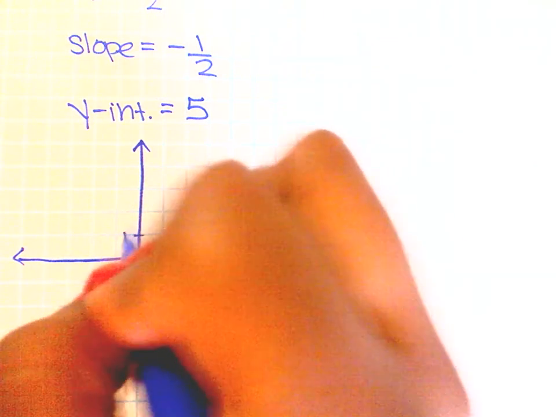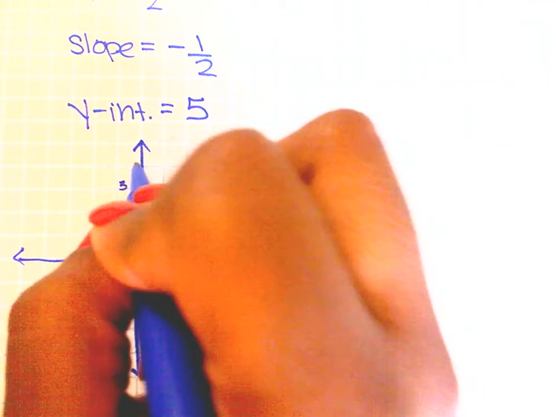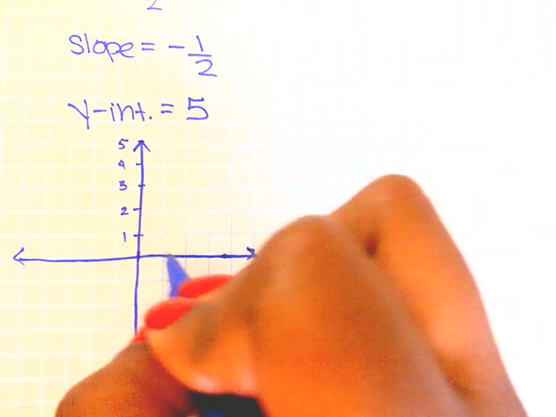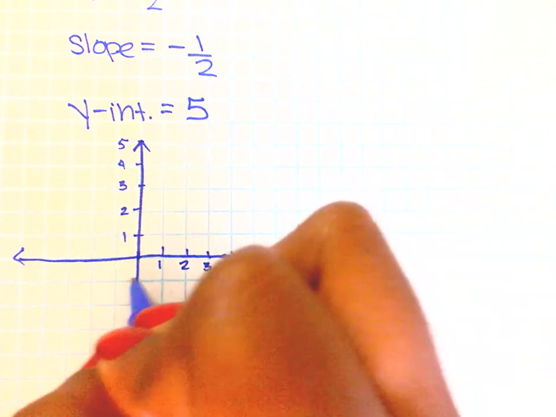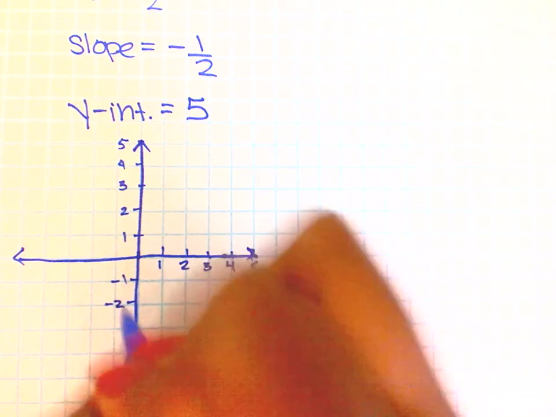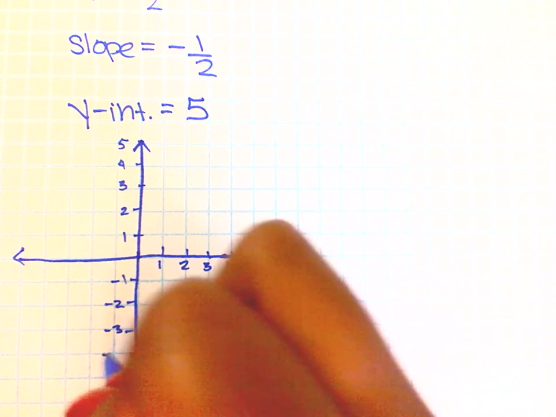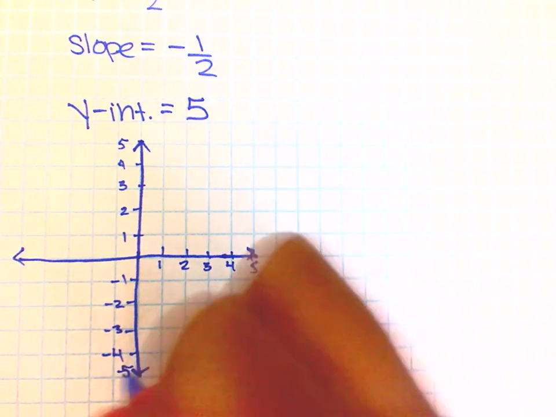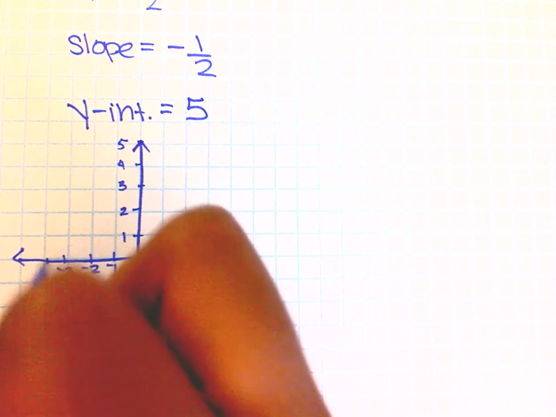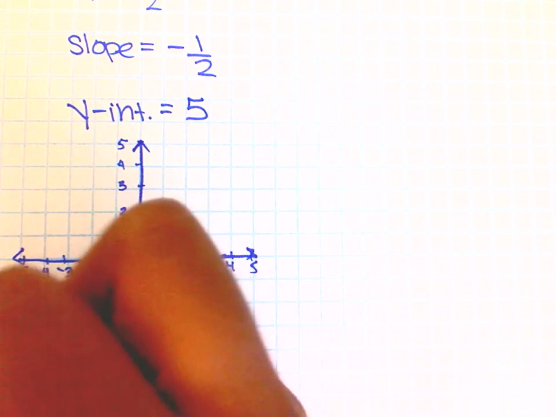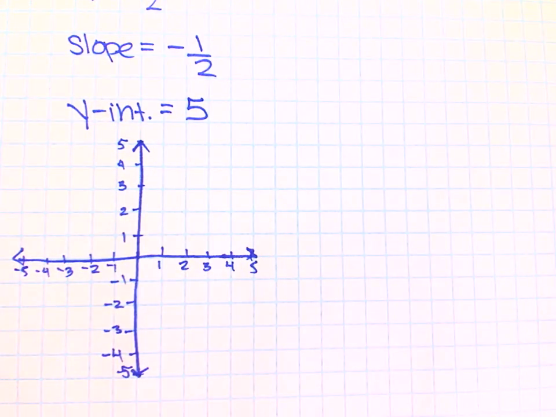So this is 1, 2, 3, 4, 5. 1, 2, 3, 4, 5. Negative 1, negative 2, negative 3, negative 4, negative 5. Negative 1, negative 2, negative 3, negative 4, negative 5. I need everybody to have this graph on their paper. It's the last graph we're drawing. You can do it.